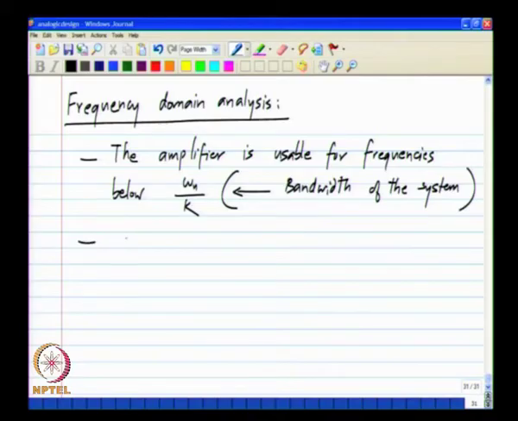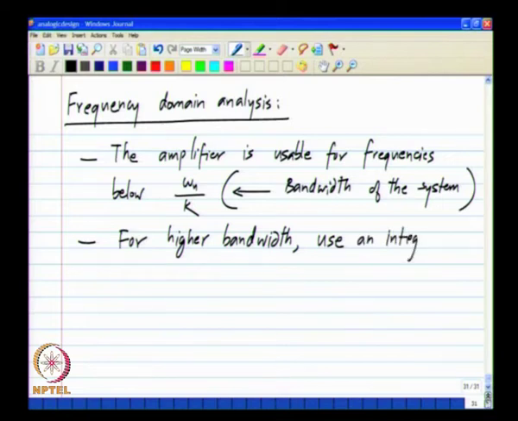And if you want to make an amplifier with a higher bandwidth, you have to use an integrator with a higher omega u.